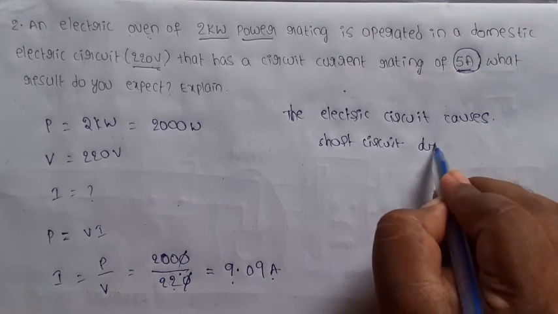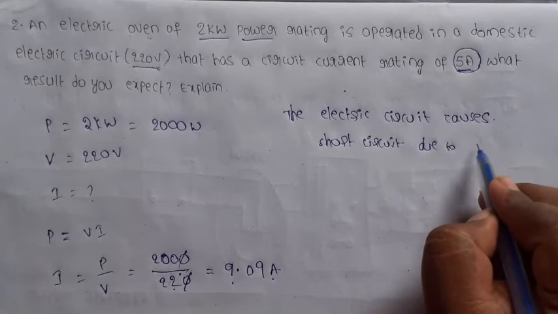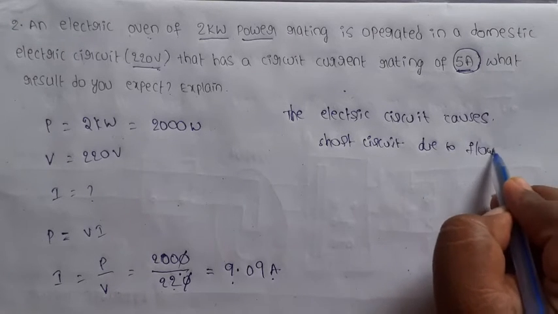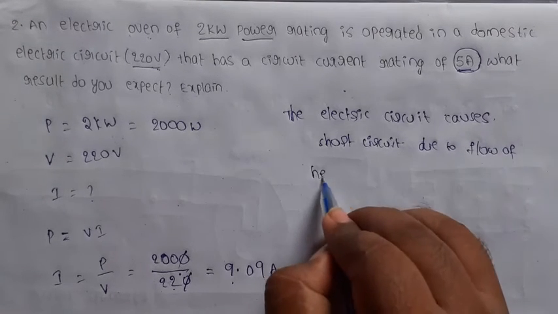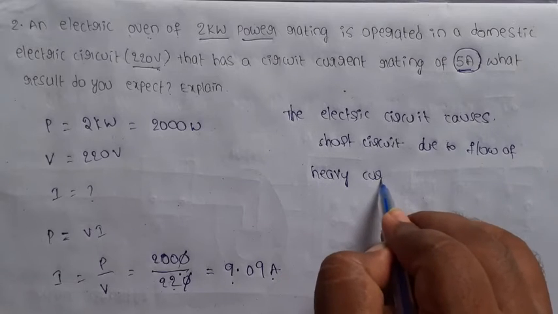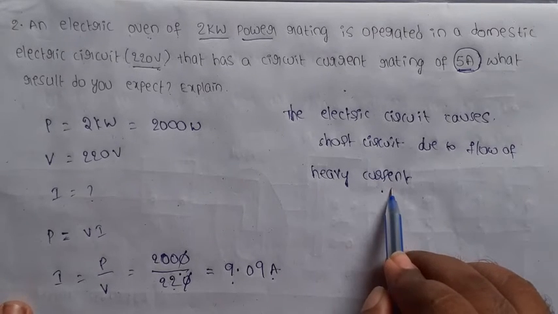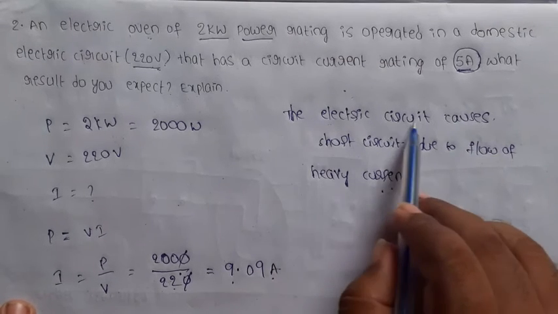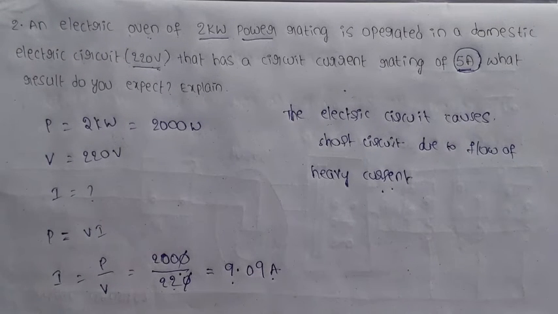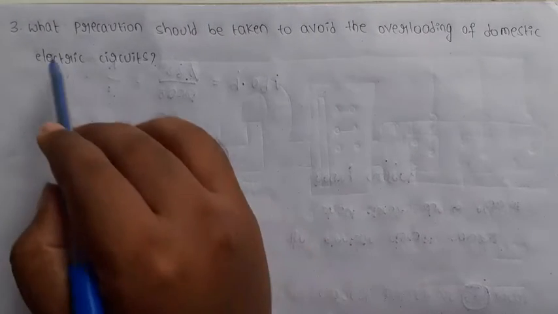Because of the flow of heavy current. Due to the flow of heavy current, the electric circuit causes a short circuit. So see, this electric circuit becomes a short circuit. This is the answer. Next question.